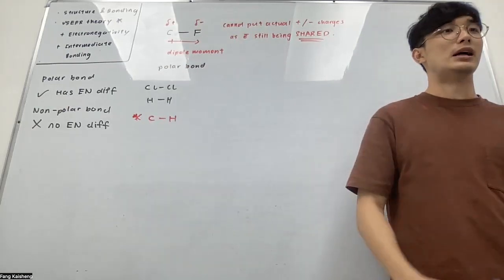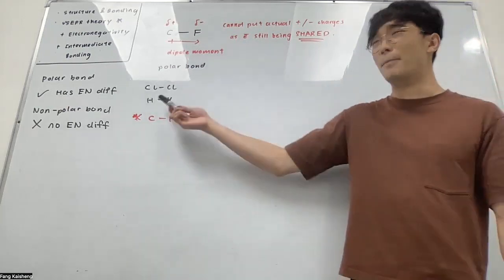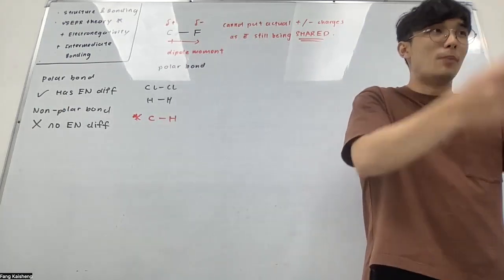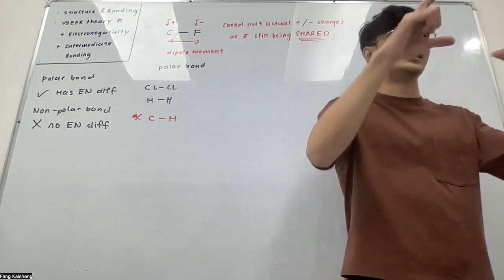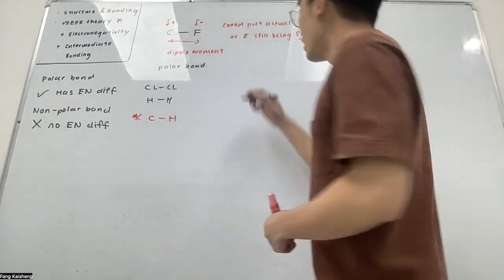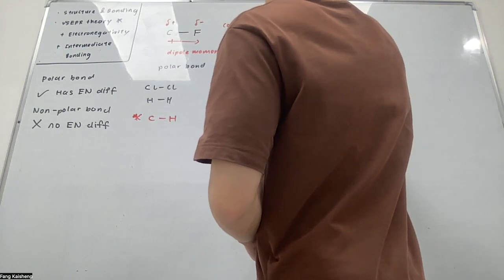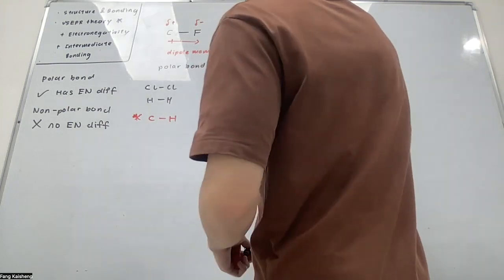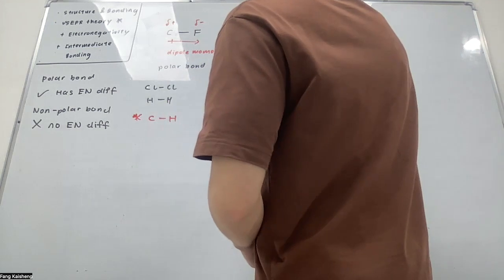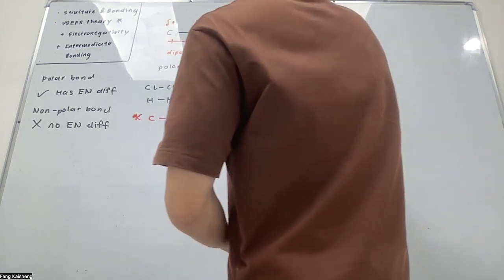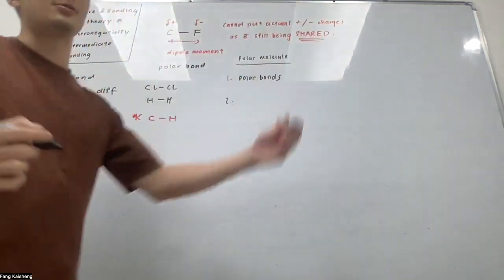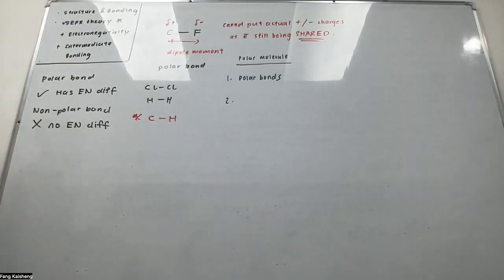So what we're going to do next, I don't really care about bonds, right? Bonds are just a small part. What we really care about is the molecule. So we're going to understand what makes a molecule polar or non-polar. Now we need to fulfill two things. Number one, you need a polar bond, right? If you don't have polar bonds, how do you expect it to be overall polar? But that's not my point.